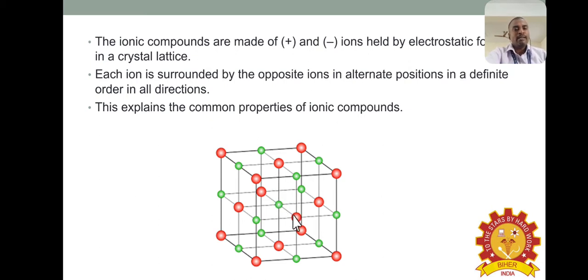When cations and anions combine together in a three-dimensional manner, we get ionic compounds. When we connect these anions and cations, we get box-like structures. These box-like structures are called unit cells. Each corner of the box is called a lattice point.